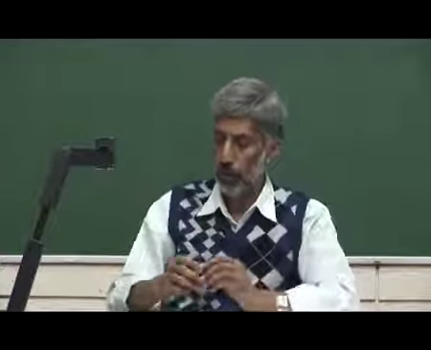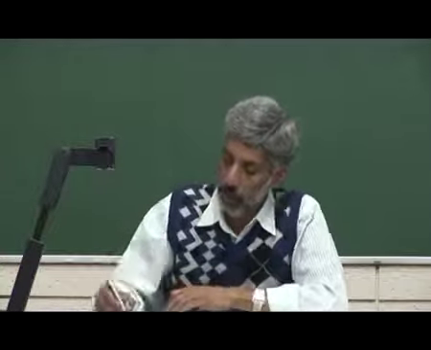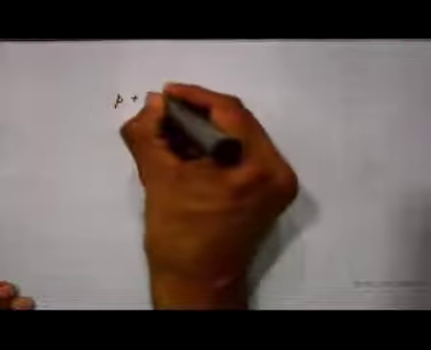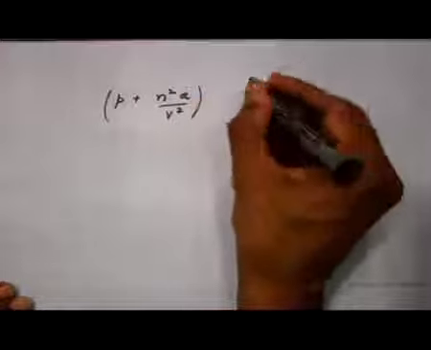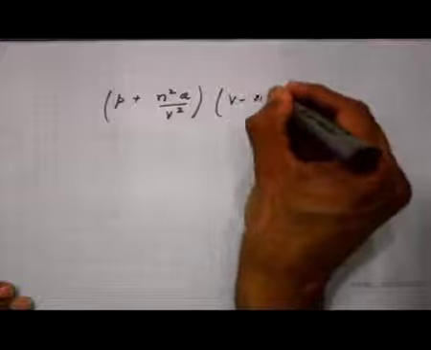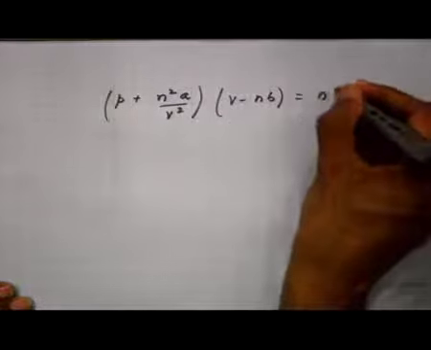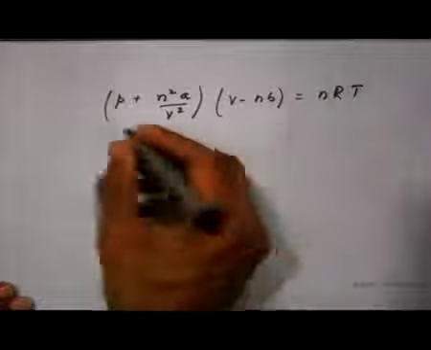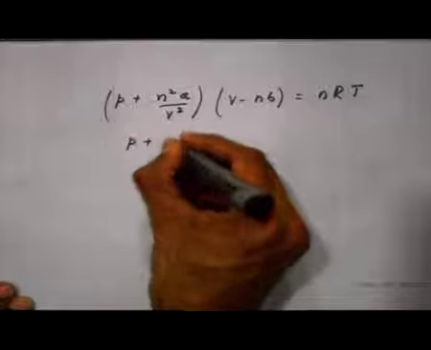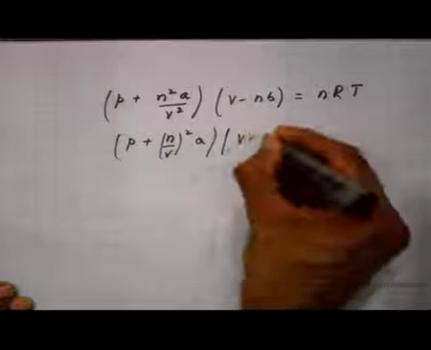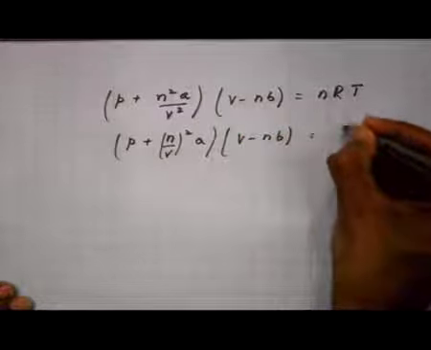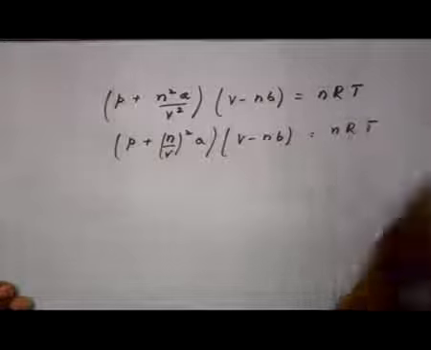Although you will not need to do this, let us rewrite this again. P plus, typically written as n square A over V square. Please, P plus n square A over V square into V minus nB equals nRT. I like to write it as P plus n over V square times A, because it reminds me that it is proportional to the square of the number density.